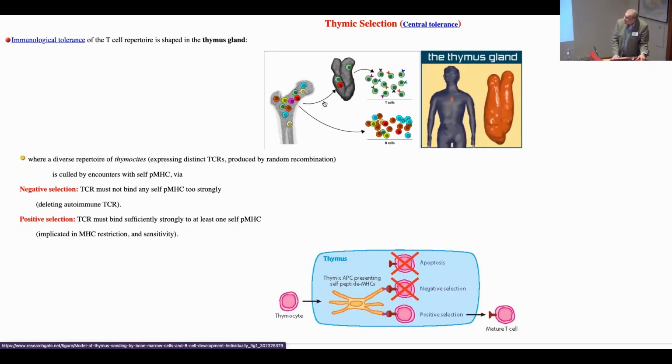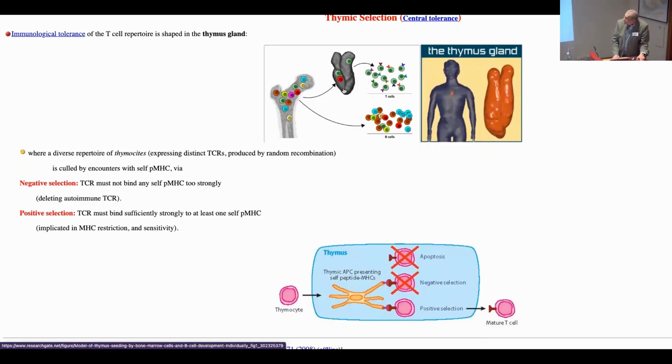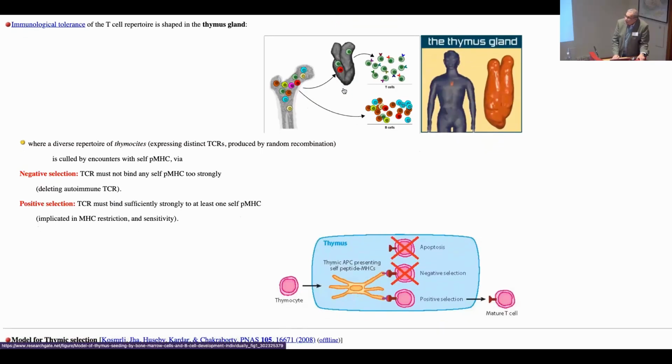But before they do so, they go and get tested in this organ called the thymus. So what happens in the thymus is that it's a special tissue where all of the potential different proteins that distinct tissues in the cell generate are presented.